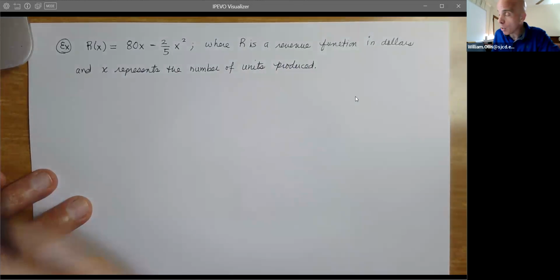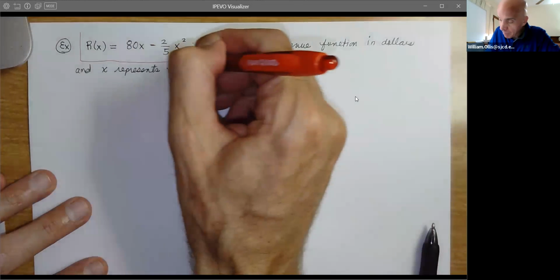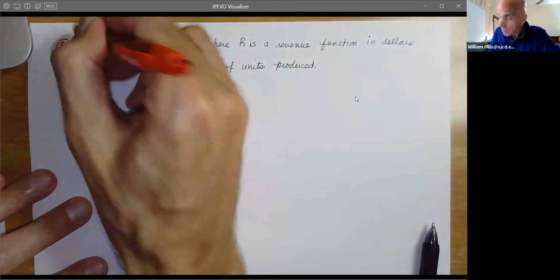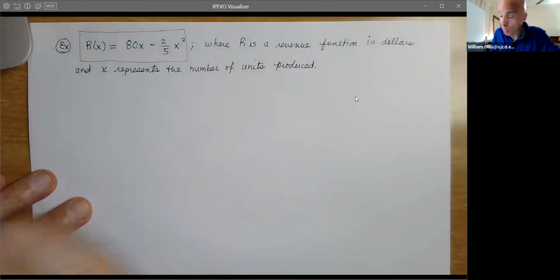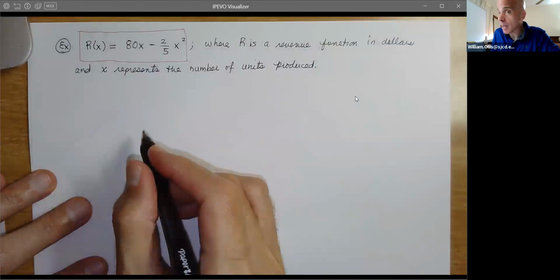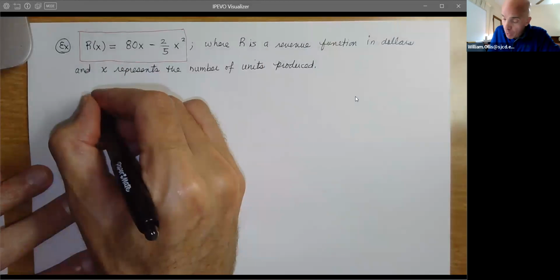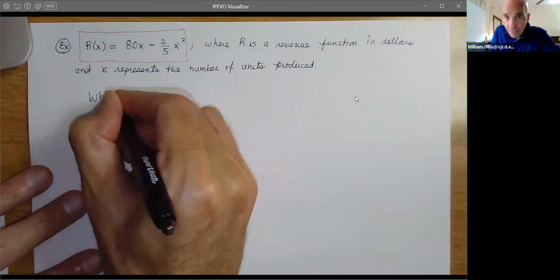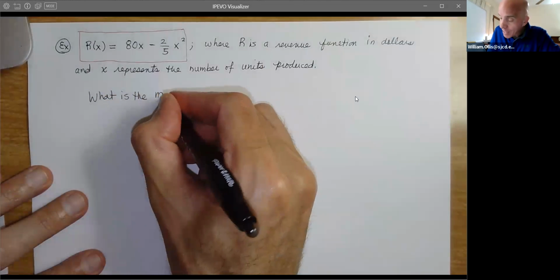So you might say, okay, Professor Ron, I have an observation here. That's a quadratic function. It has a squared term and a linear term, but it doesn't have a constant term. So what I might ask you in this case is, what is the maximum revenue?